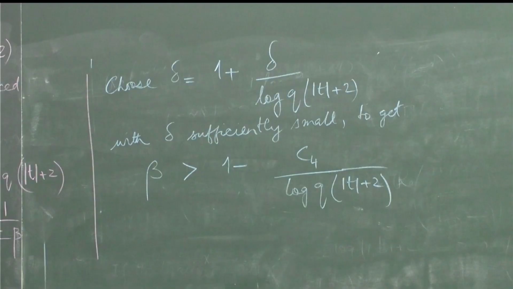What was the statement of the theorem? The theorem said that there exists a constant C such that there is... No, this is correct.